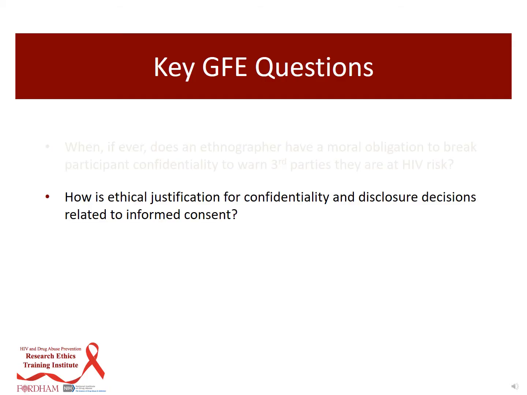So our key goodness of fit ethics questions were, and this is like your aims and your purpose: When, if ever, does an ethnographer have a moral obligation to break participant confidentiality to warn third parties that they are at risk for HIV? So that's our question. How is ethical justification for confidentiality and disclosure decisions related to informed consent?